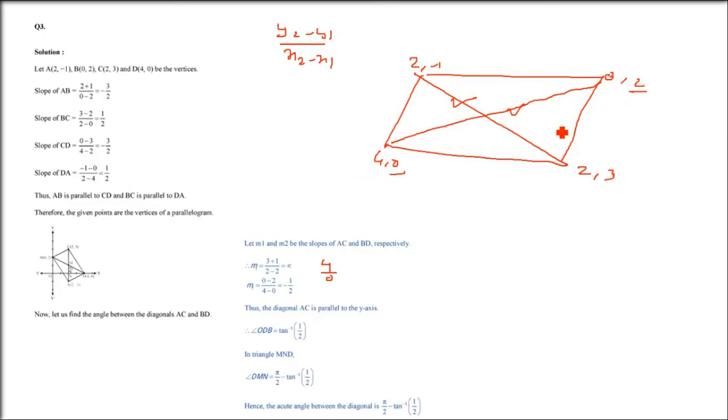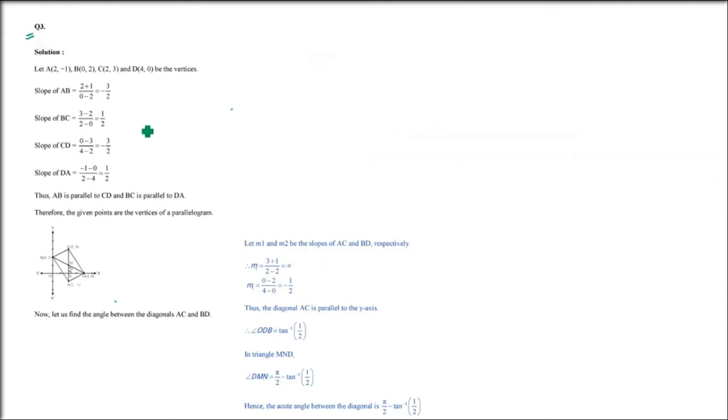Now remember, the first slope has come as infinite, 90 degree. And the second slope, I am just writing it here. It has come minus 2 by 4, that is minus half. Since one slope is infinite, I'll tell you how the triangle will be formed and how we are going to find the angle between them.